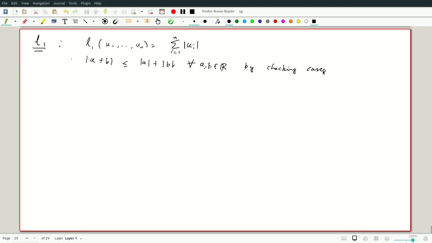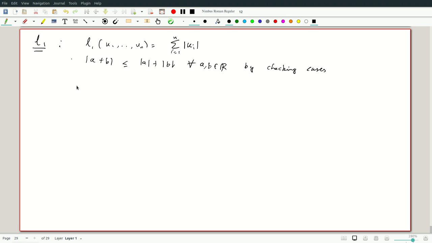There are 3 cases depending on the signs of A and B. Strictly speaking 4 cases, but by symmetry really whether the signs are the same or different, and if they're the same, whether they're positive or negative. But if the signs are the same, both sides will be equal. If they're different, the left hand side will be strictly less than the right hand side. And if it's 0, you can assign random signs and the same argument works.